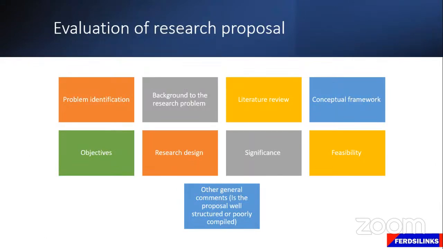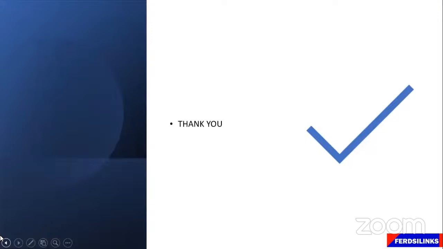And when you want to evaluate your research proposal, you have to start from identification of the problem, establishing the background to the problem, reviewing literature, establishing a conceptual framework, the objectives, research design, significance, feasibility, and so on and so forth. That is actually how to assess if you have done a good proposal based on what we have said. So thank you, and I'll take a few questions, and we end it for today.